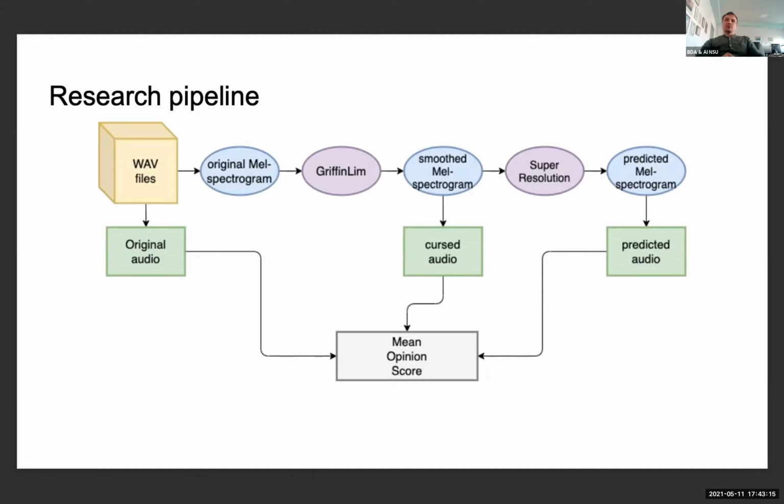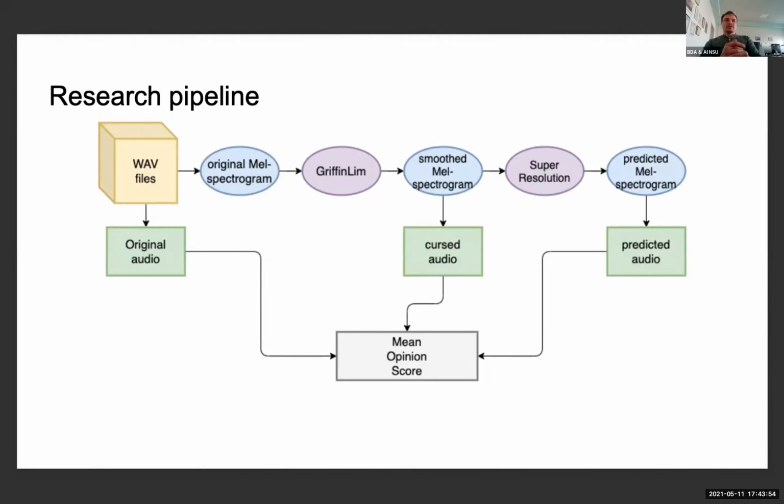So what is one sample of a spectrogram? How does it look? How many seconds in one spectrogram do you have? Is it from OpenSTT or LJ? We speak about the whole pipeline or about super resolution?